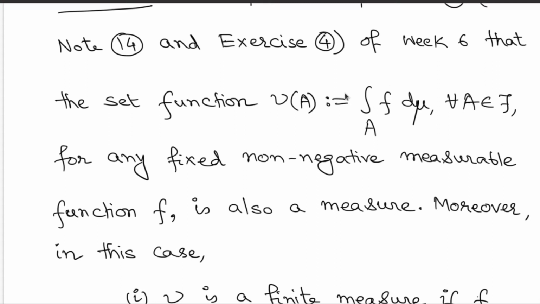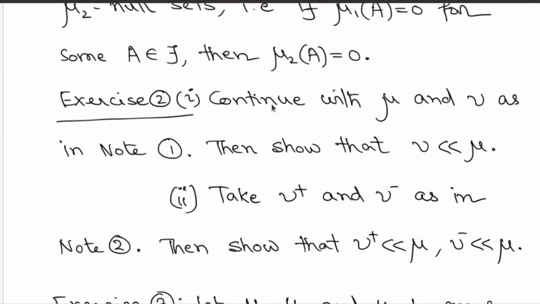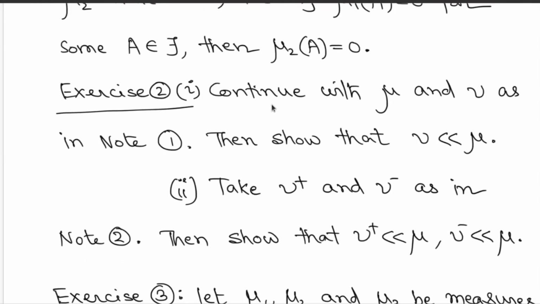So that was this construction. So remember this choice of mu and nu. Here what we now claim is that there is such a relation between this new measure and the original measure mu. So we are claiming in this exercise, part 1 of it, that the new measure is absolutely continuous with respect to the original measure mu.